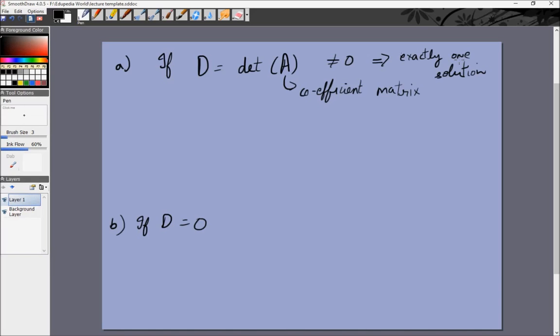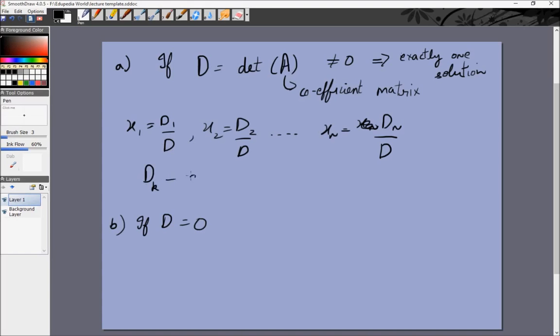So in this case, the solution is given by x1 is equal to d1 by d, x2 is equal to d2 by d, and so on. Xn is equal to dn by d. We already know what d is. D is the determinant of the coefficient matrix. Now what is dk? Where k could be anything between 1 and n.